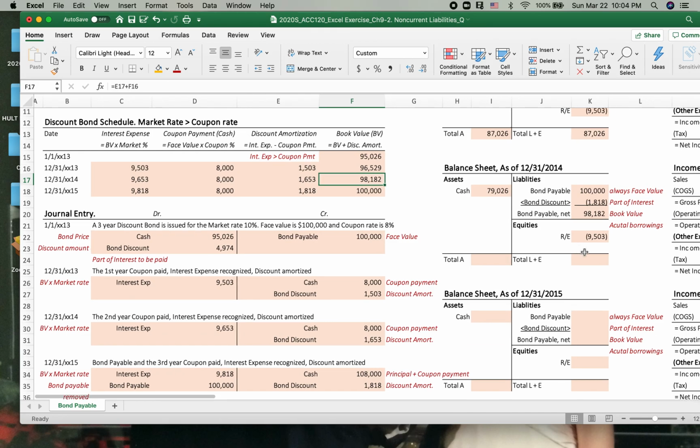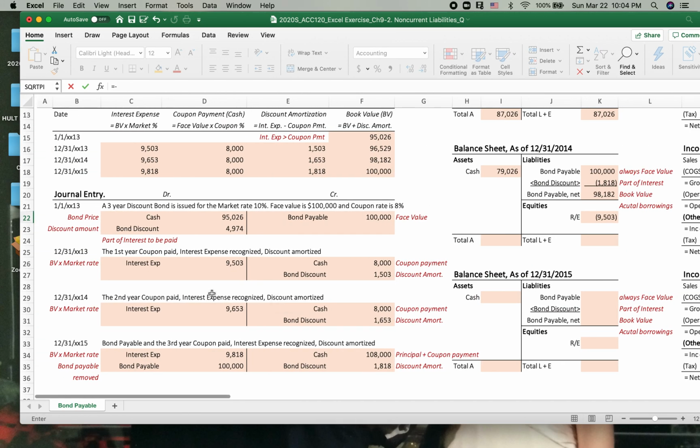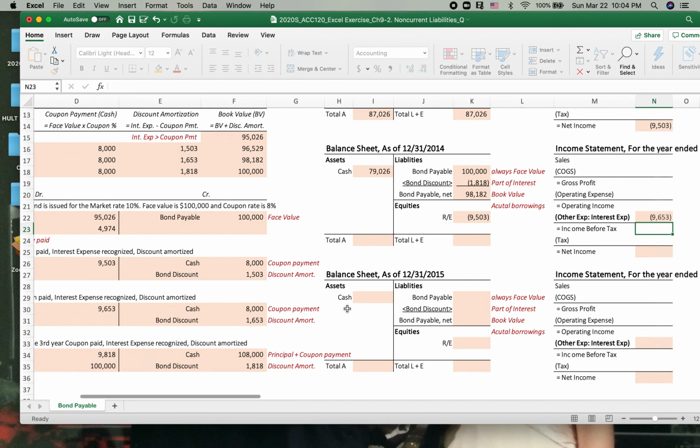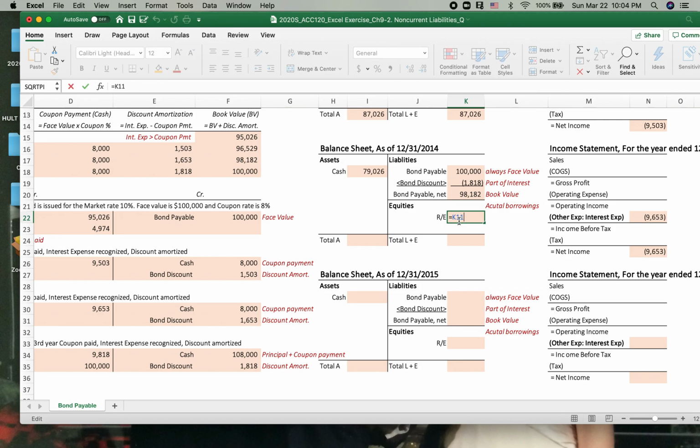Okay, and then we should record the interest expense, 96,653, should be linked to the retained earning. Should be cumulated retained earning. You guys got it?